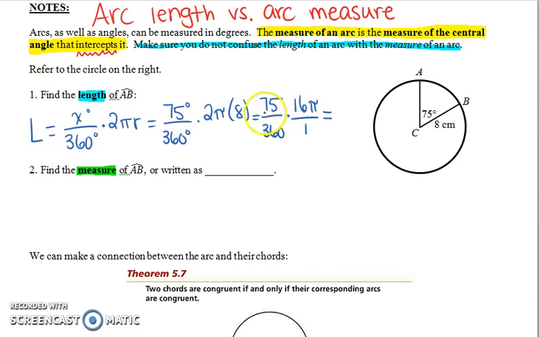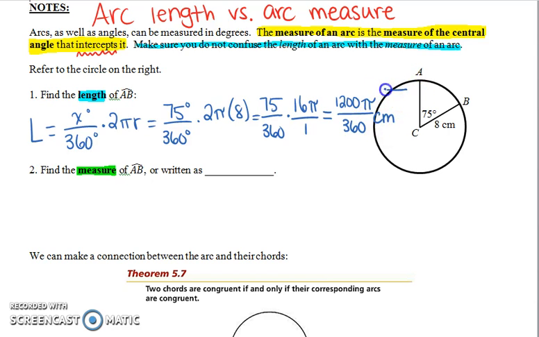Okay, so multiplying across, 75 times 16 gives 1,200, and I have a pi, don't forget, so it's 1,200 pi, all over 360 times 1, which is just 360.